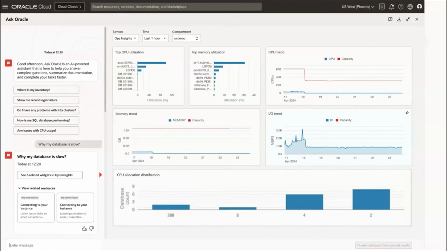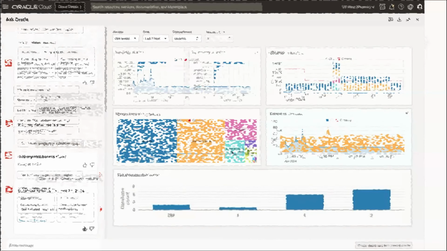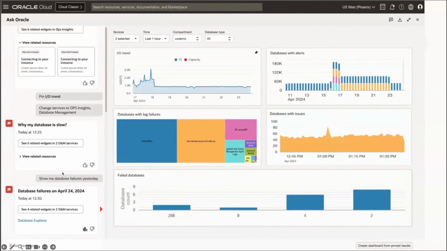So for example, if we ask another incremental question, show me database failures as of yesterday, now the GenAI service has spit out another 4 related widgets across 2 O&M services. And as I said, the pinned widget is still there on the top, which is from our initial inquiry. The remaining 4 widgets have been added incrementally into this experience.